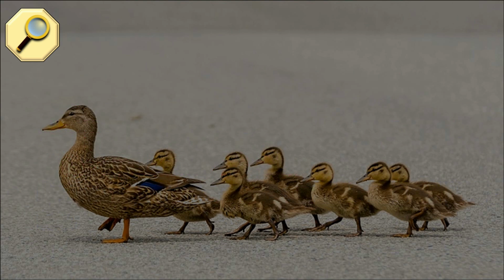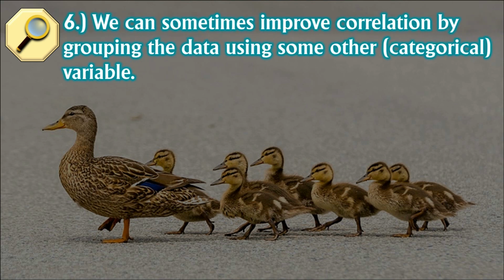One last thing I want to mention here before we move on to inferences is that we can sometimes improve the correlation that we're seeing by grouping the data using some other categorical variable.